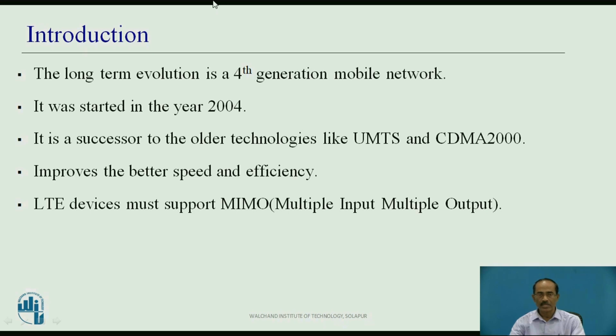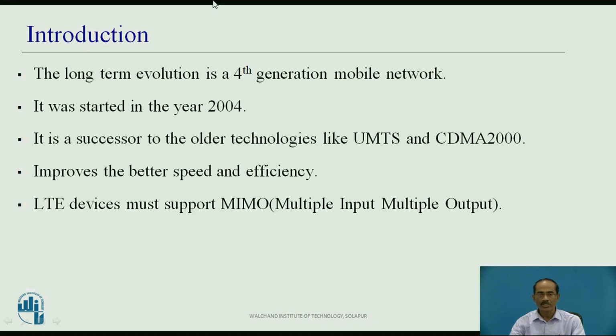LTE came as a successor to the older technologies like UMTS and CDMA 2000. UMTS stands for Universal Mobile Telecommunication System. It is a 3rd generation mobile cellular system based on the GSM or Global System for Mobile standard.